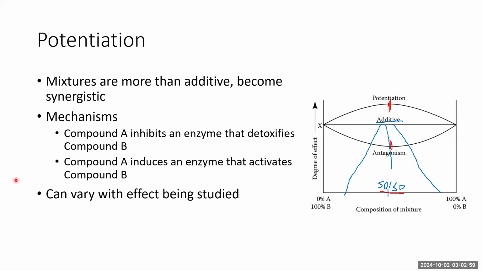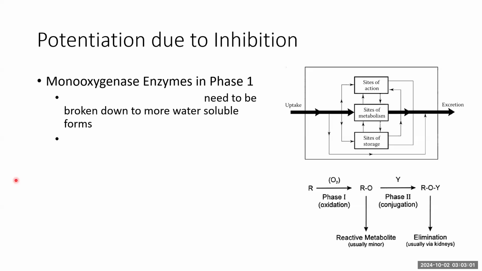So first we're going to look at potentiation due to inhibition. Remember, we're looking at how these compounds are interacting in a body. So we have compounds being ingested, and then they can do a number of things within the body, and then ultimately they are excreted. And our metabolism is the way in which we try to break down these toxic compounds. You might recall that our metabolism exists in two phases.